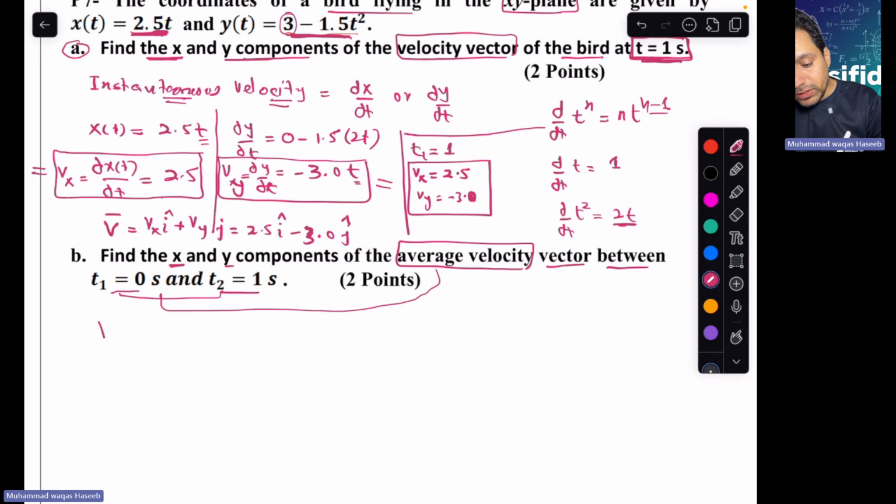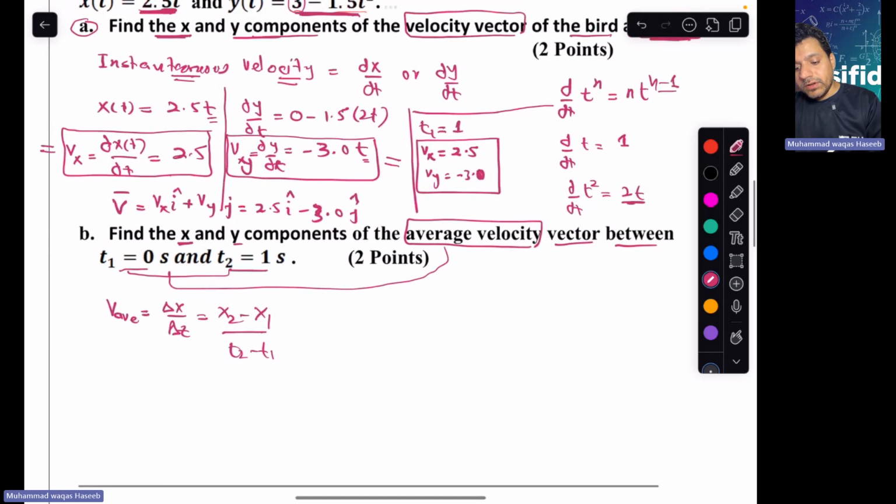Average velocity is the rate of change of displacement, x2 minus x1 divided by t2 minus t1. This is one dimensional; now we have the average velocity vector, so we find the velocity in the x direction and then in the y direction.